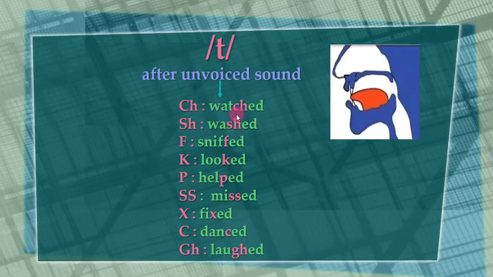So you will say watched, washed, sniffed, looked, helped, missed, fixed, danced, and laughed. After the unvoiced sound comes the t sound.